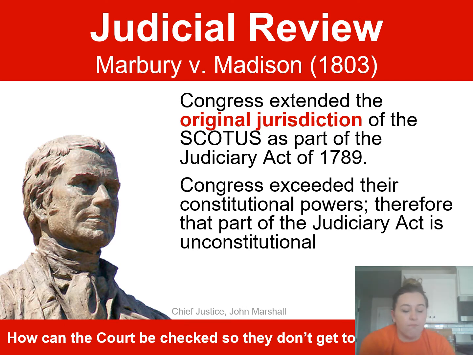The structure of the court system is U.S. district courts, Court of Appeals, Supreme Court. So if the district court makes a decision, someone can appeal to the Court of Appeals, and the Court of Appeals, as the higher court in that scenario, can tell the district court that they were wrong.